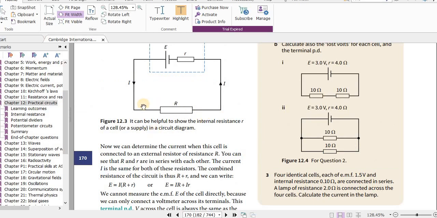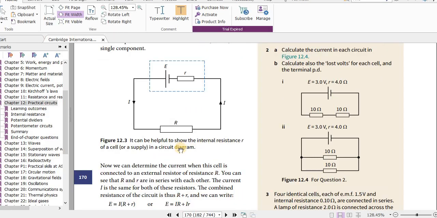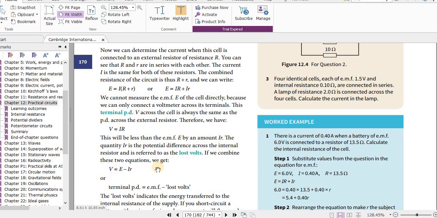Then this I times R is the same as the potential difference across the terminals of the power supply or cell. It is the same as the potential difference across this resistor capital R. So what is that? V equals IR, and we call this the terminal potential difference.